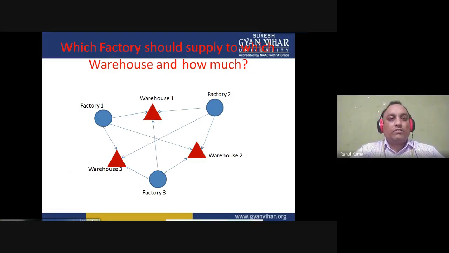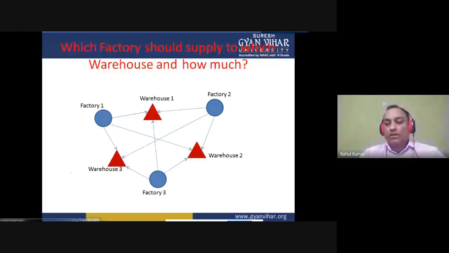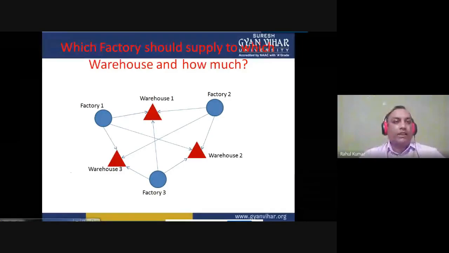Just see this figure. This figure gives the introduction about which factories should supply which warehouses, and how much quantity of goods you want to supply from factory to warehouse.